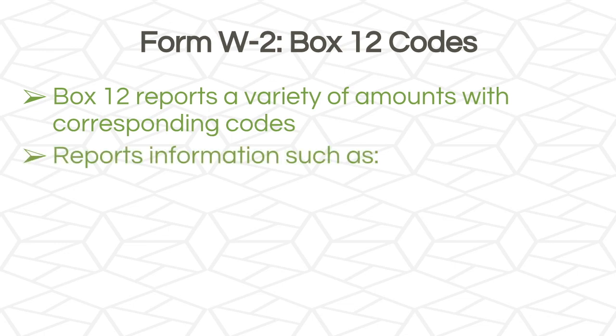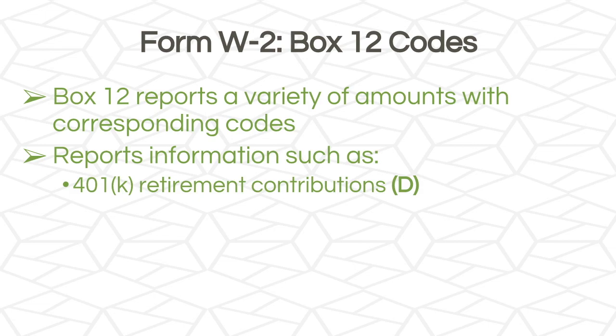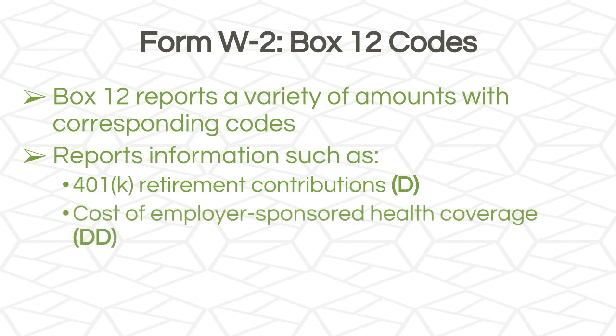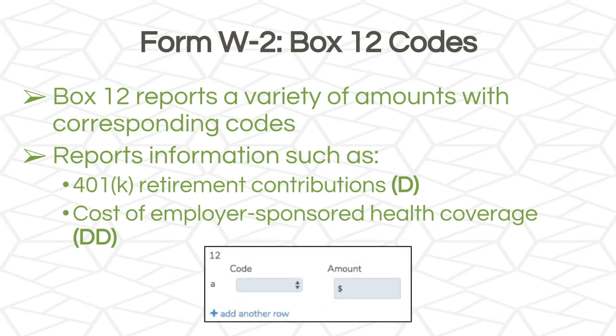So it will report information such as 401k retirement contributions, which is code D, or the cost of employer-sponsored health coverage, which is code DD. And so as you see in the screenshot, you select the code from the drop-down menu and then type in the amount, and you can add more rows as necessary.